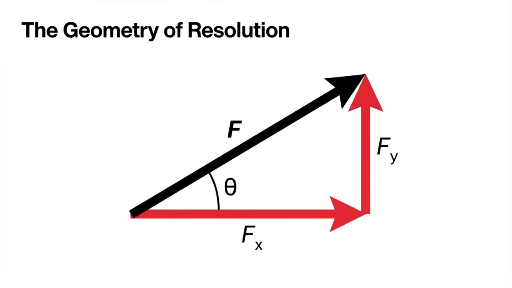The significance of this is that by resolving a force into these perpendicular components, we can analyze the effects of the force more easily in each direction. The length of each component corresponds to the magnitude of the force in that direction, and together they combine vectorially to recreate the original force. This breakdown is fundamental in mechanics because it simplifies how we understand and work with forces in multiple dimensions.